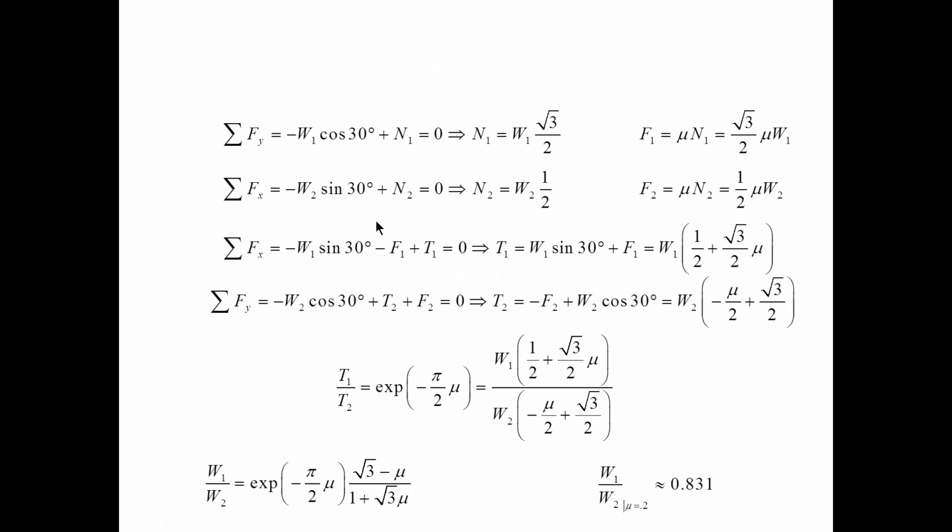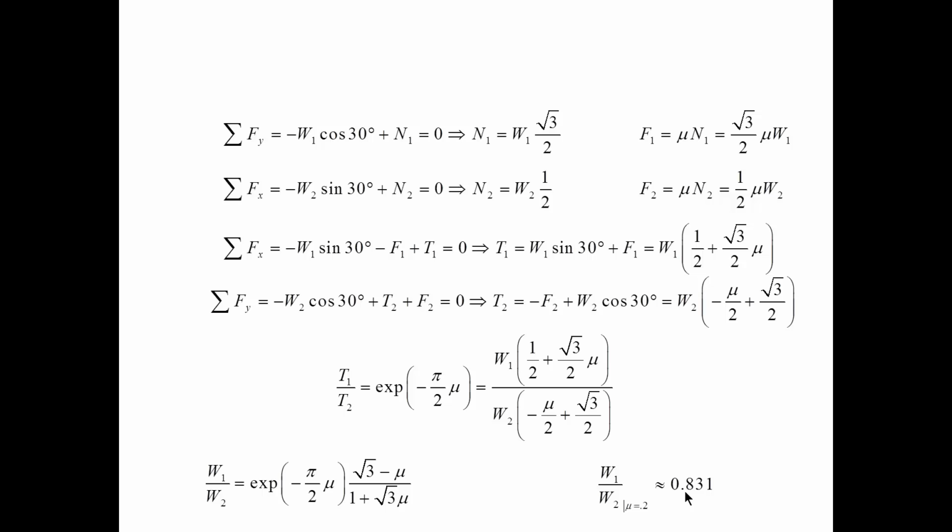We go pretty much to the same algebra, and we obtain that the ratio of W1 to W2 in general is given by this expression. For mu equal to 0.2, the numerical answer is 0.831.